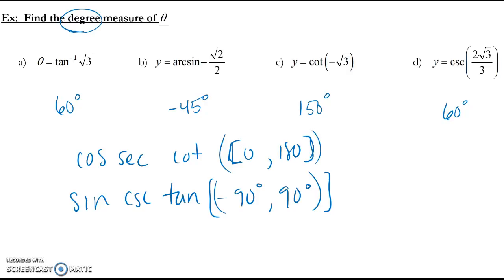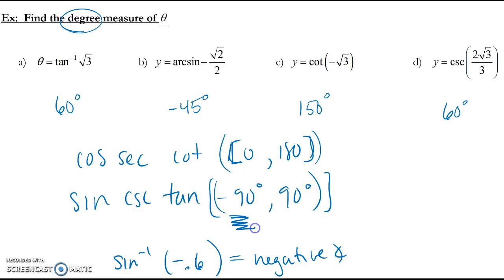So if you would type in, for example, sine inverse of negative 0.6, it's going to give you a negative angle because the calculator knows that when the sine ratio is negative, you have to be in this lower portion of quadrant 4 with a negative angle.